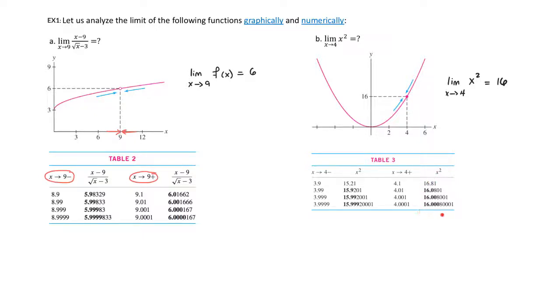If I look at the y values, they are approaching 16. So we feel that this conclusion is quite accurate. Both the graph and the table are showing that the limit of the function at 4 is equal to 16.